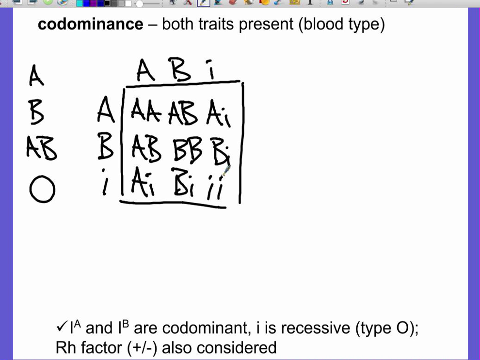So throughout this Punnett square, you see the different possibilities. AA is for type A. Let's use green for type A's here.